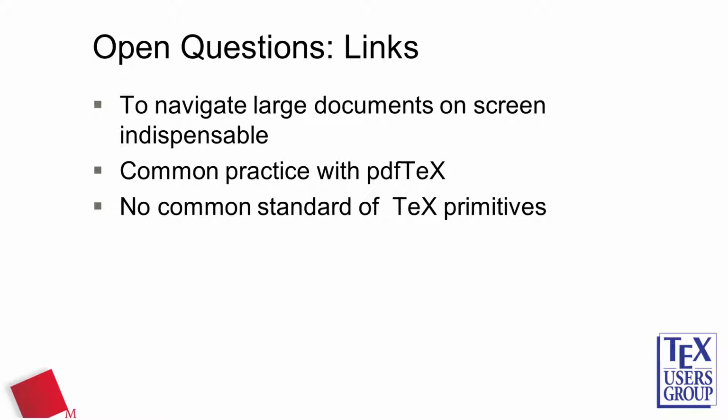For on-screen reading, you want to have links that you can tap or click to get to the corresponding place in the document. Embedding links in the TeX output is already common practice when using pdfTeX. But I don't see a common standard of TeX primitives independent of pdfTeX to embed links in TeX sources.